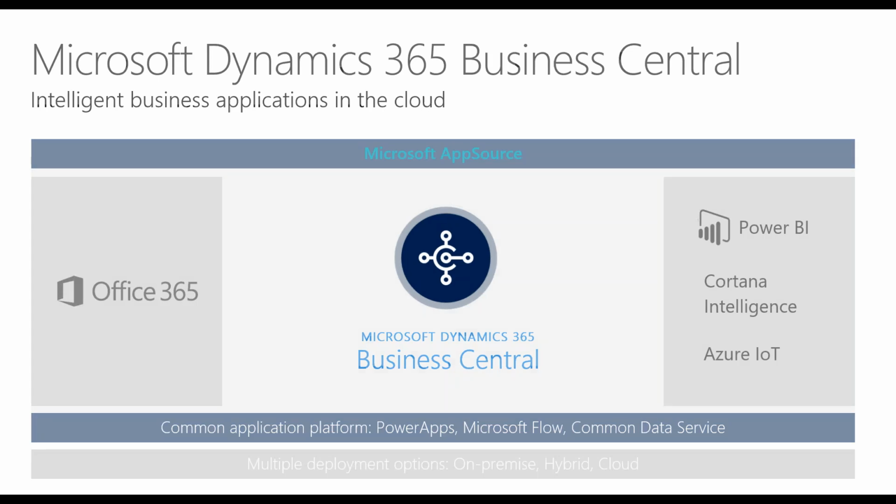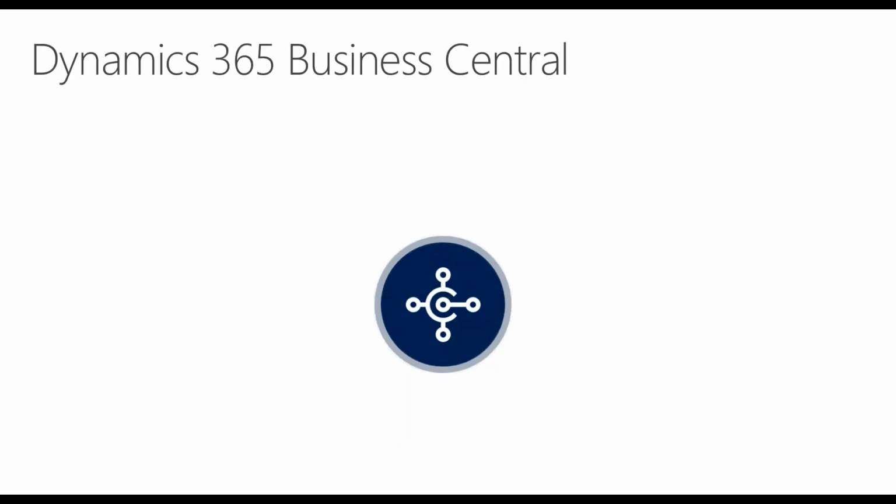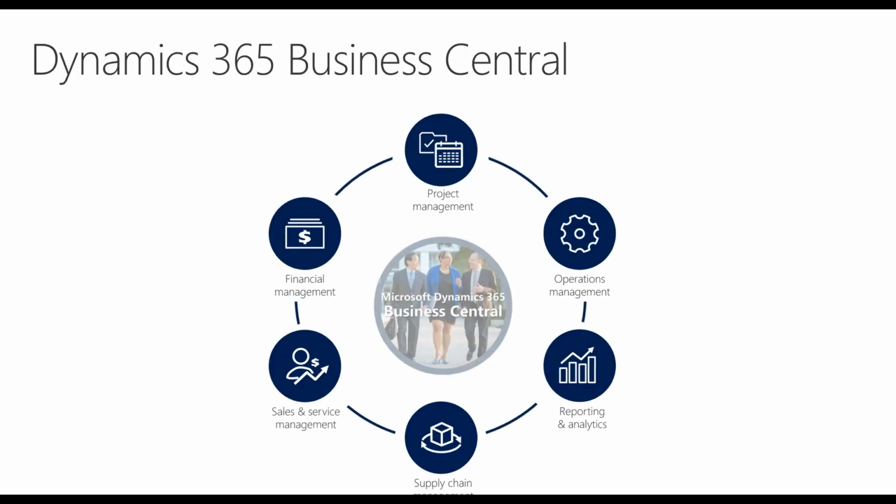There it goes. So what does Dynamics 365 Business Central handle? Well, it handles financial management, so everything from cash to general ledger to accounts receivable, accounts payable, fixed assets, etc. Project management, so we have a job costing module.